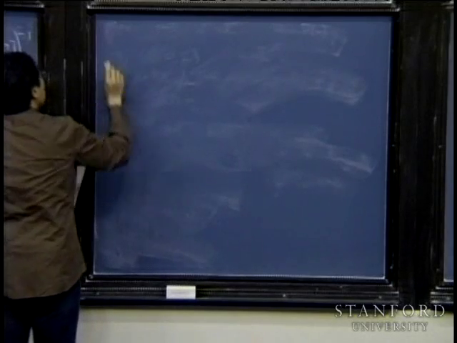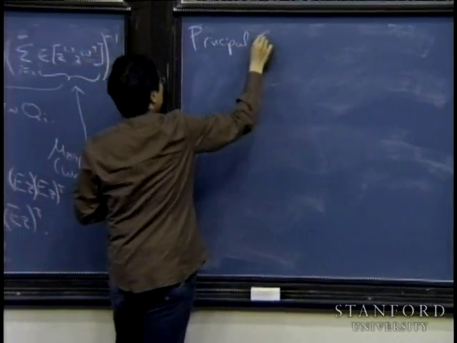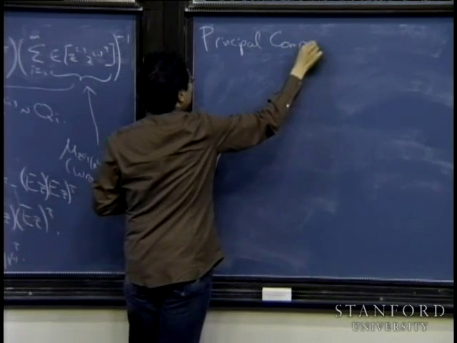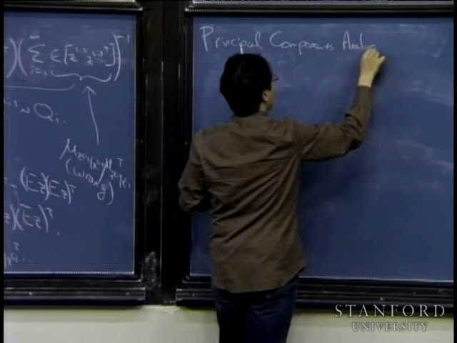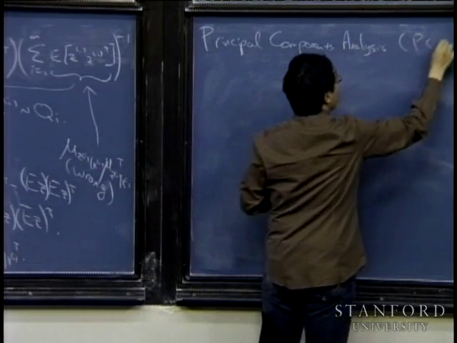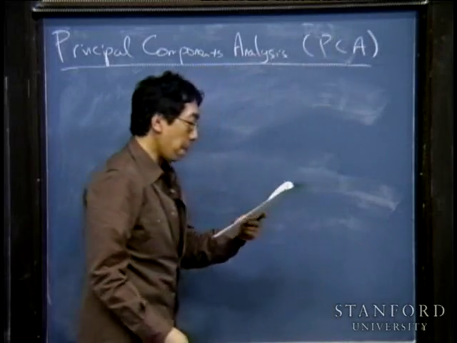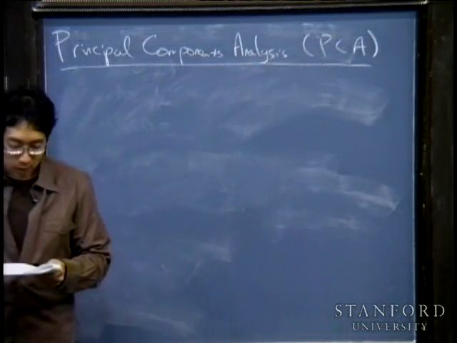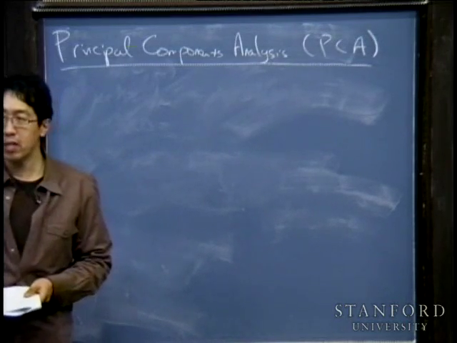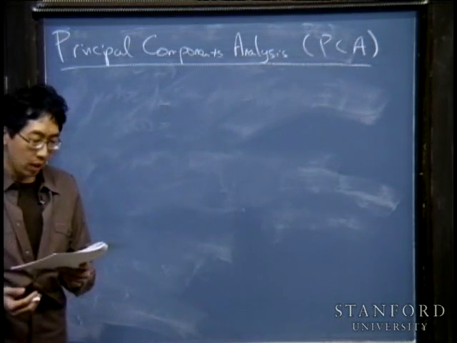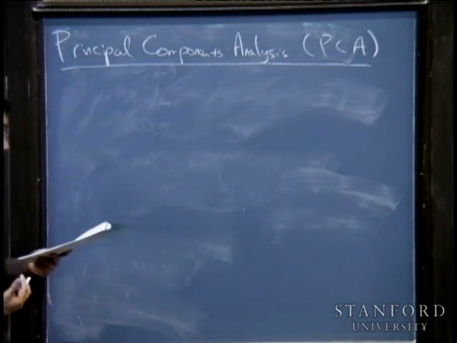What I want to do now is talk about an algorithm called principal components analysis, which is often abbreviated PCA. And here's the idea. PCA has a very similar motivation as factor analysis, but it maybe gets at the problem a little bit more directly than just factor analysis.